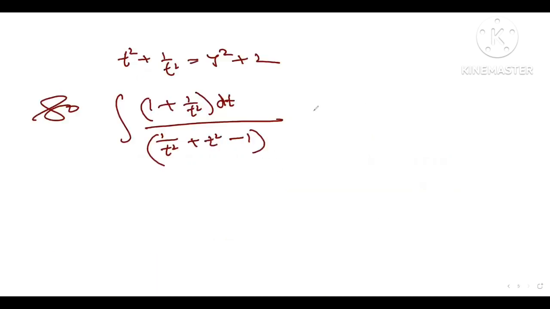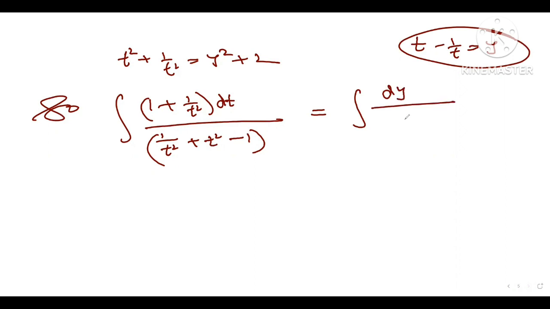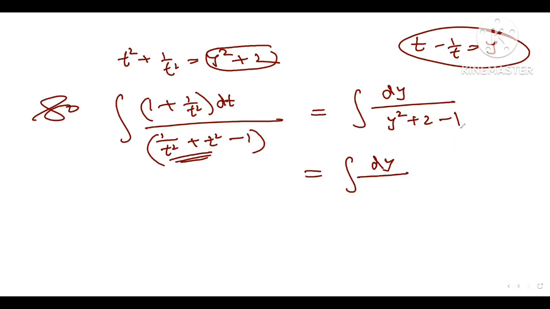If t minus 1 by t is equal to y, then the numerator will be dy, and in the denominator, 1 by t square plus t square we have got y square plus 2. y square plus 2 minus 1. What do we get here? dy by y square plus 2 minus 1, that is y square plus 1.